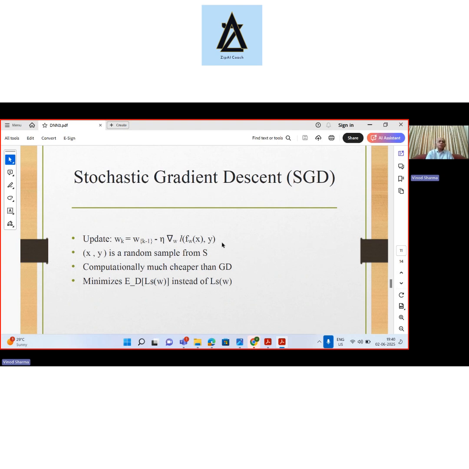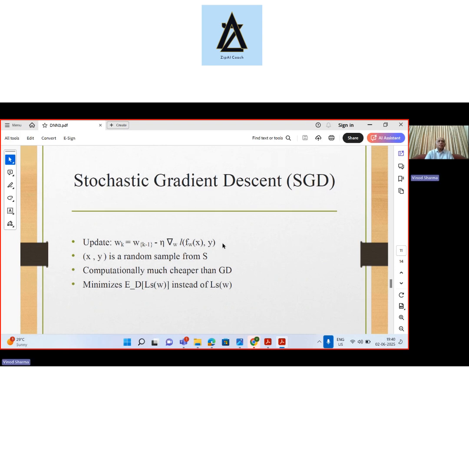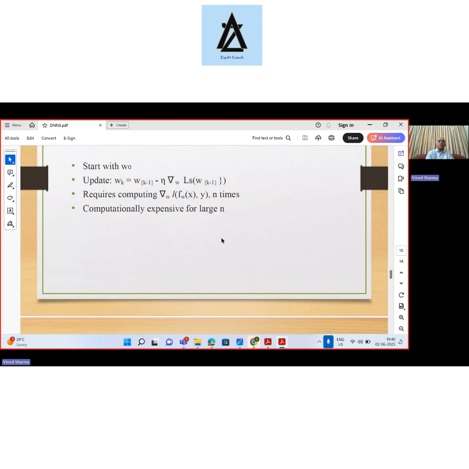So for stochastic gradient descent, at each step we have to take the gradient of this term only once, as against gradient descent, where at each step you have to take the gradient of this term n times.